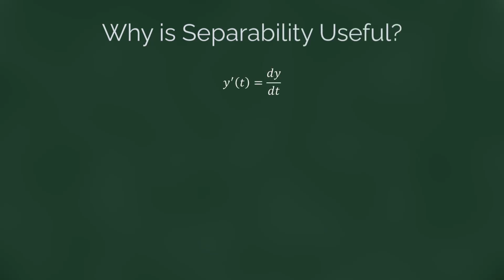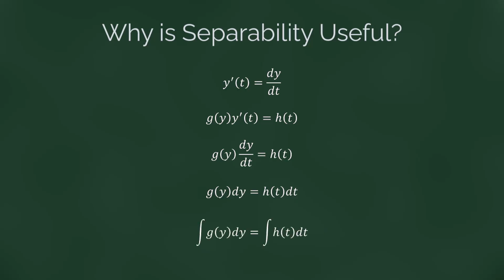Recall that y prime of t can be rewritten as dy/dt. Then in our separable differential equation, g of y times y prime of t equals h of t, we can rewrite that as g of y times dy/dt equals h of t. From there, if we multiply both sides by dt, we end up with the equation g of y dy is equal to h of t dt.